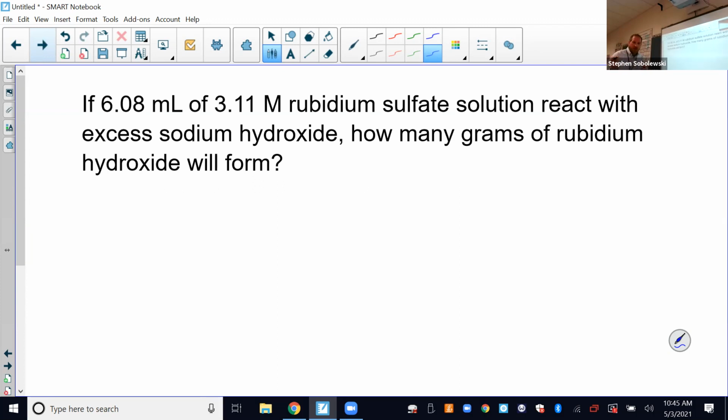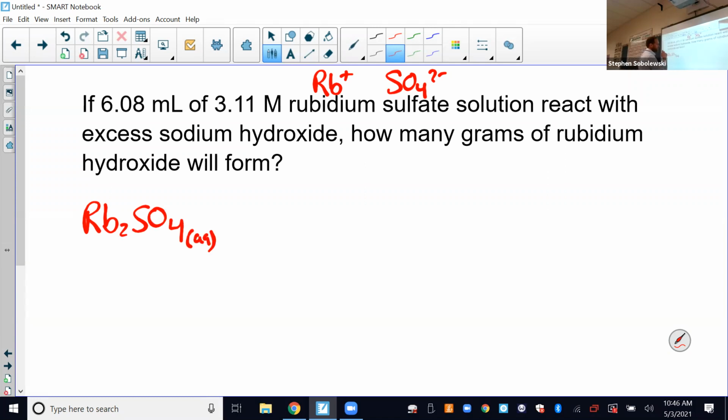All right, so just like every other problem we've done, start with a balanced equation. Rubidium sulfate: rubidium is Rb plus, sulfate is SO4 2 minus. So we crisscross it, it's going to be Rb2SO4, and it's a solution, so I know it's aqueous. React with excess sodium hydroxide. Sodium hydroxide is Na plus, OH minus, so it's simply NaOH.